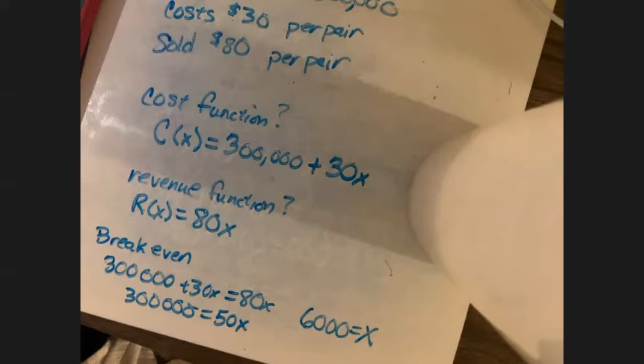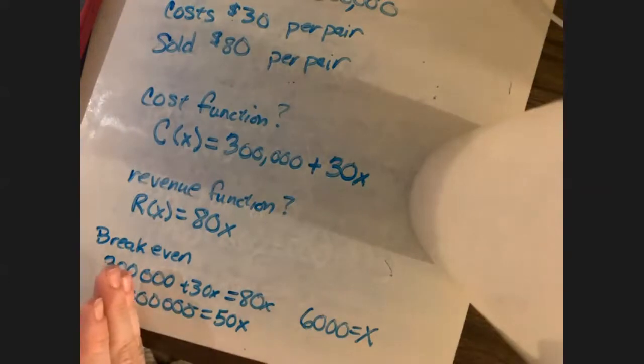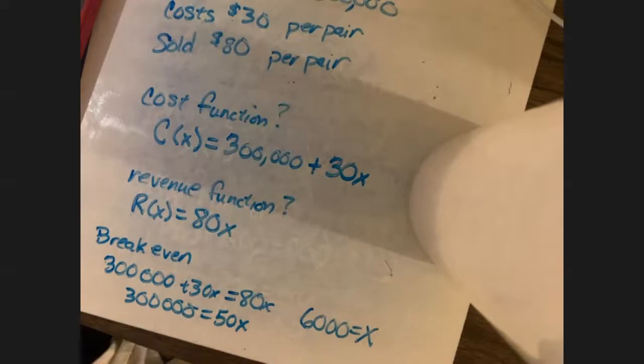Okay, now the reason that we want to know where the break-even spot is, any number of pairs of shoes that are sold after this 6,000, I'm now going to be making money on, because that says I will be bringing in more money than I had to spend. Okay, anything before the 6,000, I'm going to be taking a loss because I have spent more than I'm bringing in. Okay, it kind of makes sense.